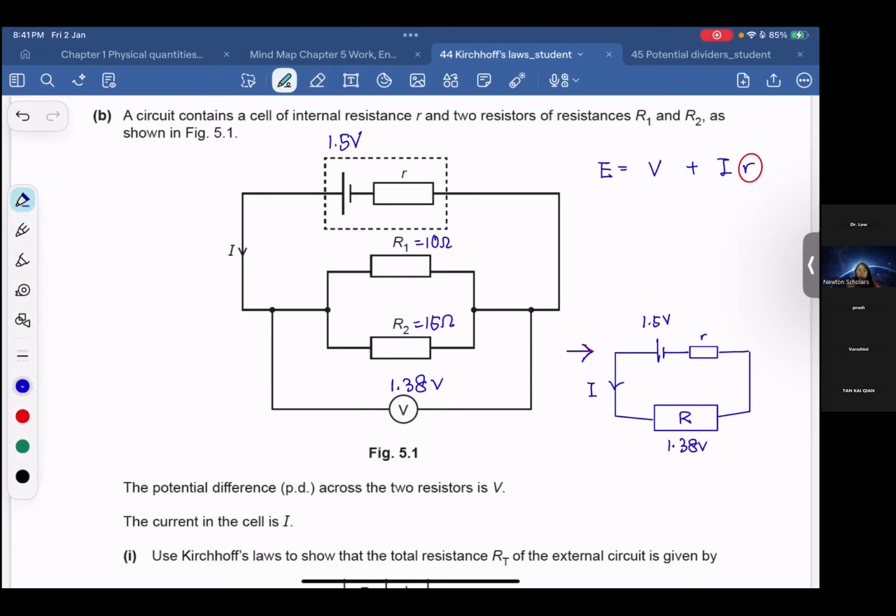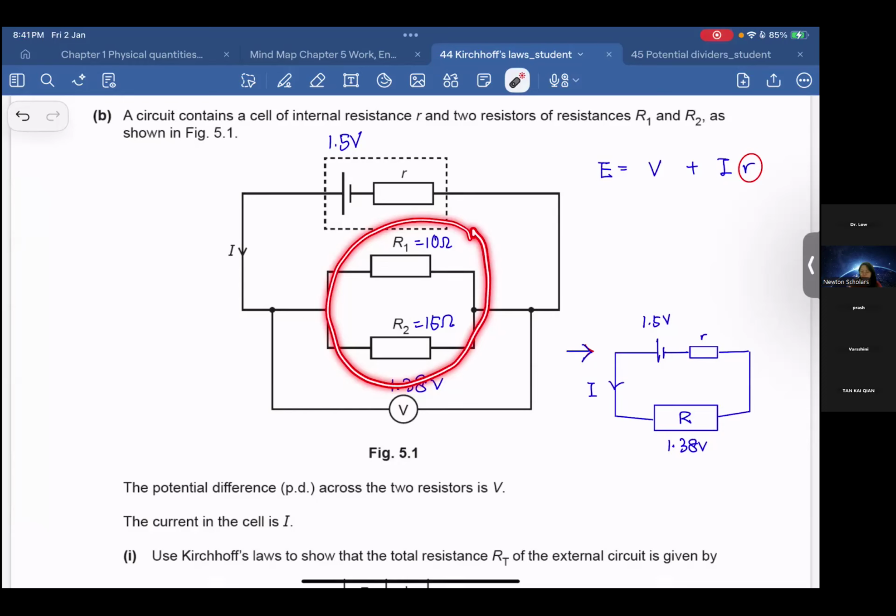For those who have no idea, I give you some hints. I must find out what my I is first. What you can do is solve this part to become a single resistor.